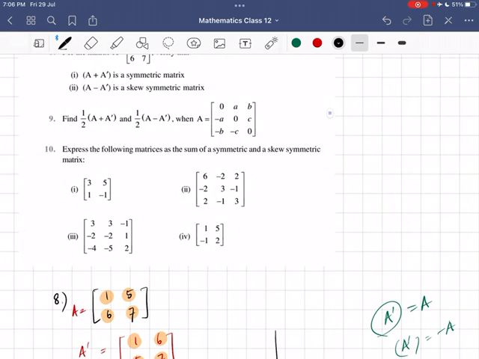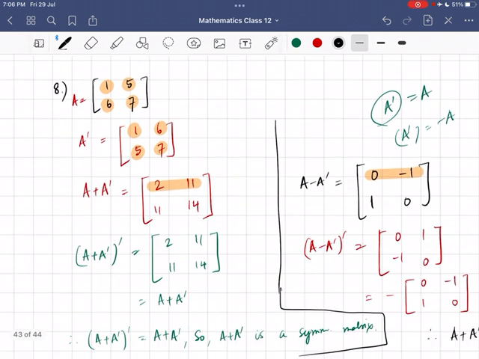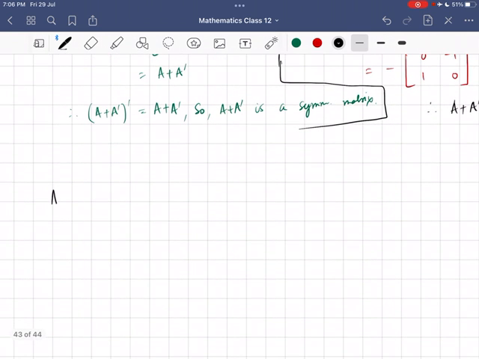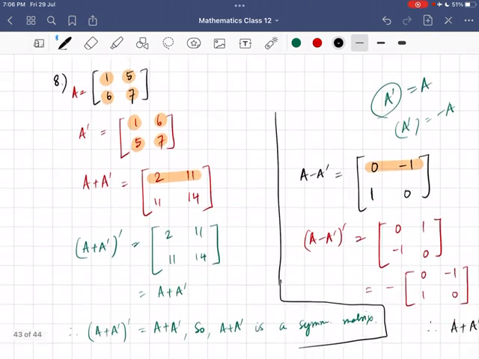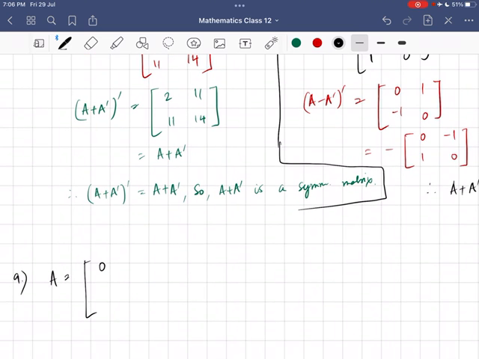So first thing, A is given as, first I'm going to write the question, it's 0, a, b, minus a, 0, c, and then we have minus b, minus c, 0.